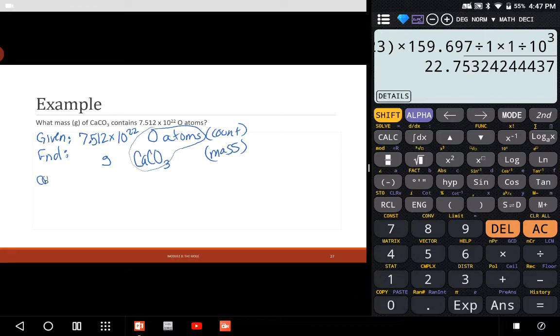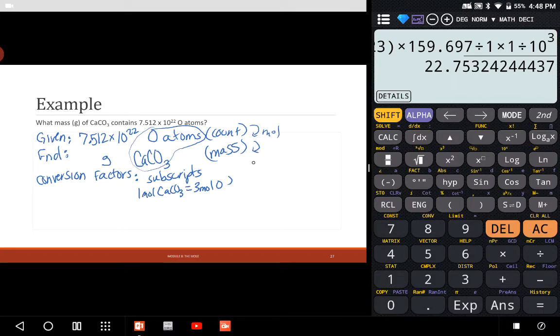And so my conversion factors are going to include the subscripts that tell me that for every one of this compound, so 1 mole of CaCO3 will have 3 mole of O atoms. And then we're going from counts to mass. And so in addition to the subscripts, I'm going to need to go from counts to moles to mass.